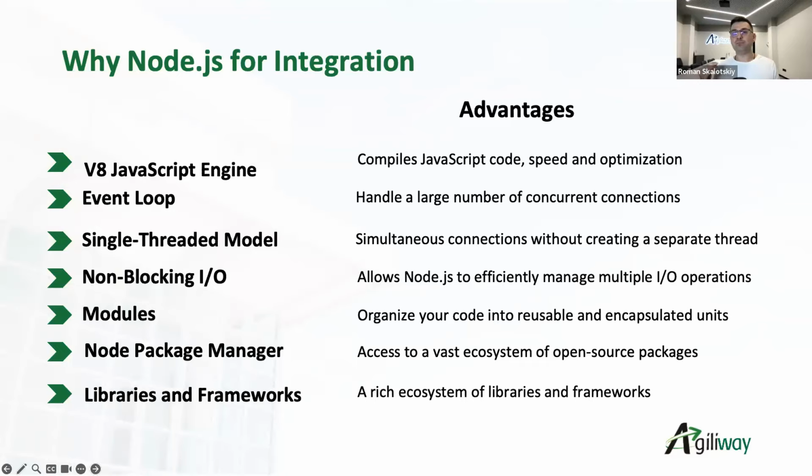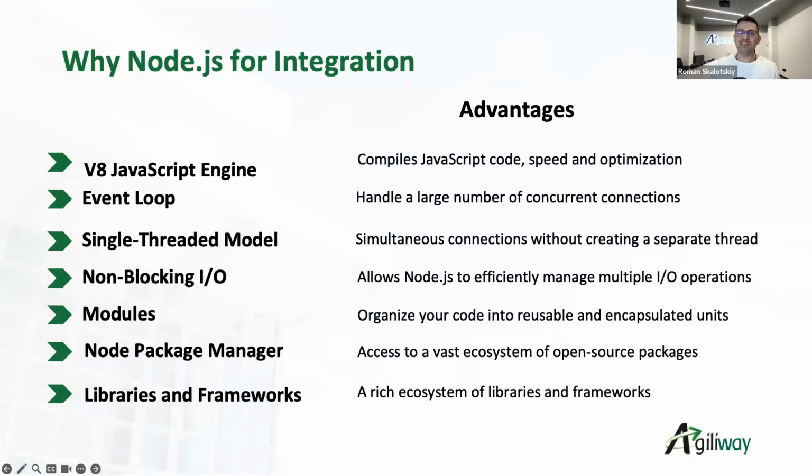And it processes these events asynchronously. This allows Node.js to handle a large number of concurrent connections efficiently. Therefore, from this point, we can handle a large number of concurrent connections. Yes, it will be useful in our projects.